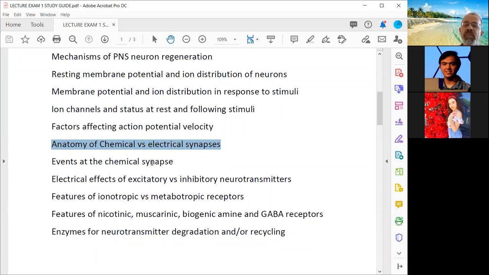Now, what I'm really talking about there are the chemical synapses. The chemical synapses involve the release of a neurotransmitter across the synaptic cleft, right? And of course, we know how it gets across with the aid of these synapsin proteins that promote the translocation of the vesicles to the membrane, and eventually we get exocytosis.